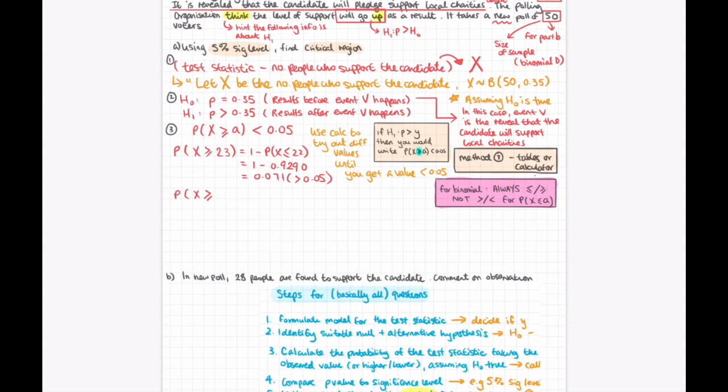For example, X bigger than 24. Then you would get 1 minus P(X ≤ 23), which is going to be 1 minus 0.9604, which equals 0.0396, which is actually less than 0.05. And so this is the right answer.